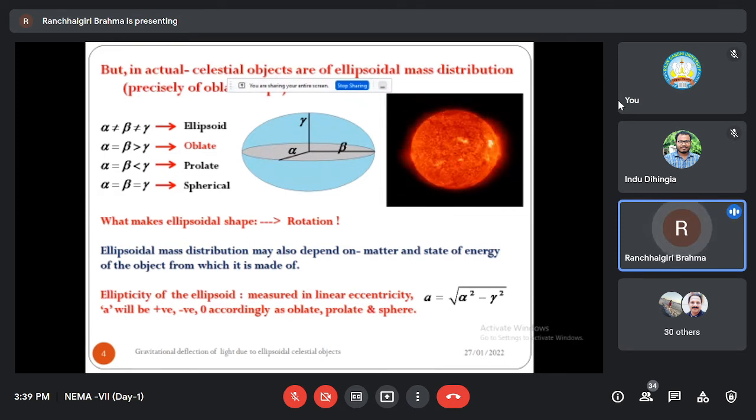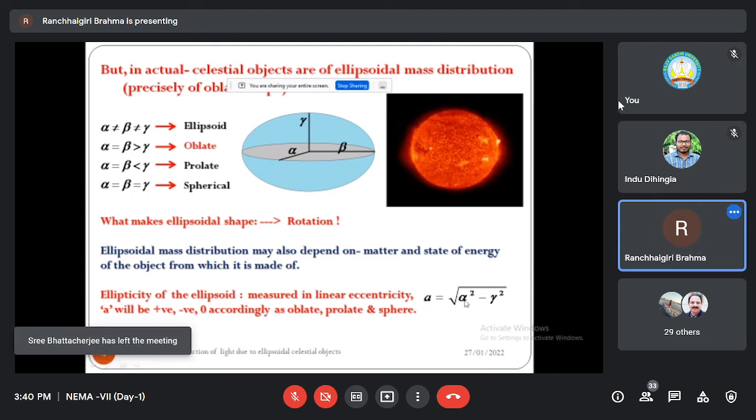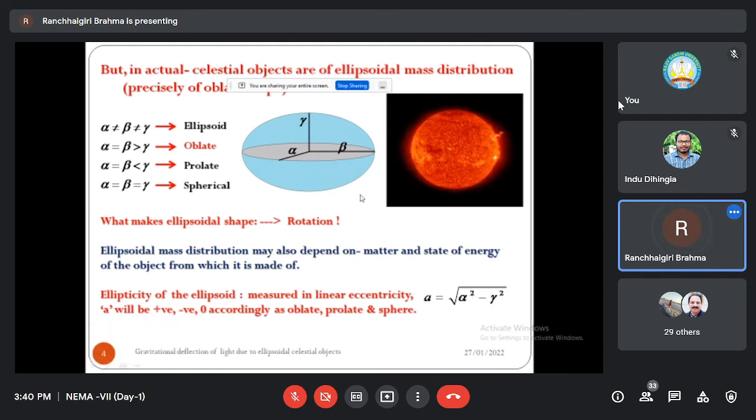Now, how do we measure the ellipticity of the ellipsoid? It can be measured by a parameter known as the linear eccentricity, which we represent by A, the square root of alpha squared minus gamma squared, where alpha denotes the semi-major axis of the ellipsoid and gamma represents the semi-minor axis.